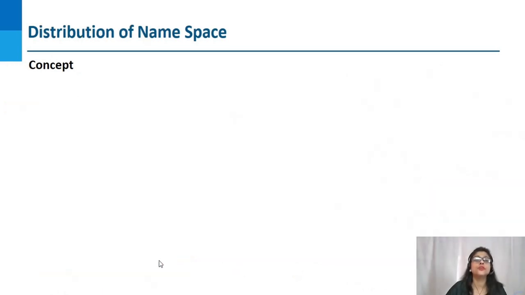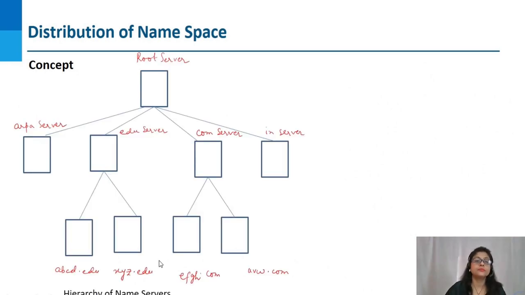How is the distribution of namespace done? We have the root server at the root. From the root server, we can have several servers at this level, like we can have ARPA server, edu server, com server, and the in server.